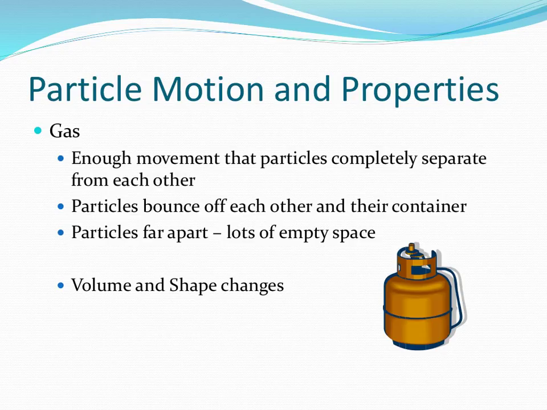That means we not only can change the shape of a gas by changing the shape of its container, we can also change its volume. We can crunch those particles closer and closer together because there's lots of space between them. That's why we can create pressurized containers, like this one that you might have on a barbecue at home. The gas inside is crunched together so that it's pressurized, so that when we open the valve, it pushes itself out and we can use it.